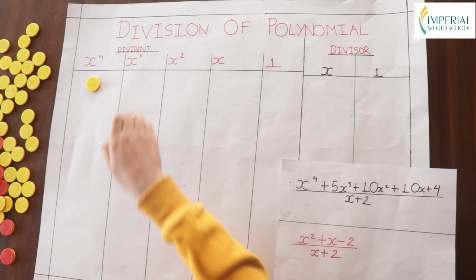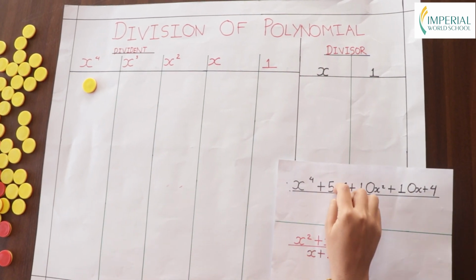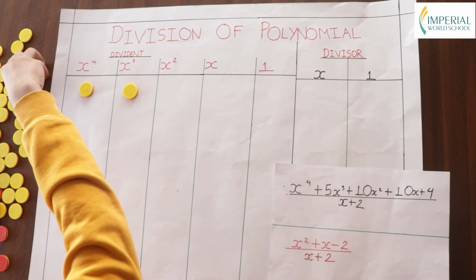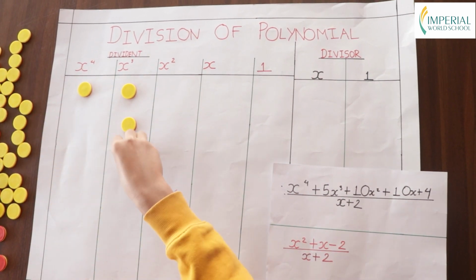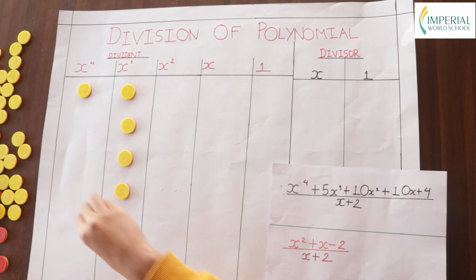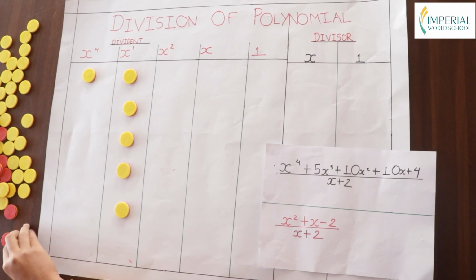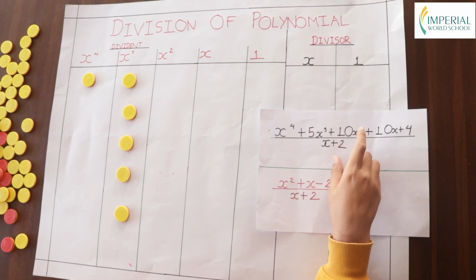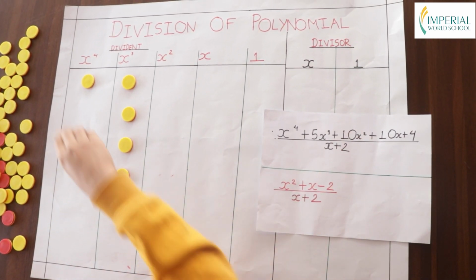In the x cube place, there are 5, so I'm going to place 5 yellow counters. Now we have 10x square, so I'll be placing 10 yellow counters.